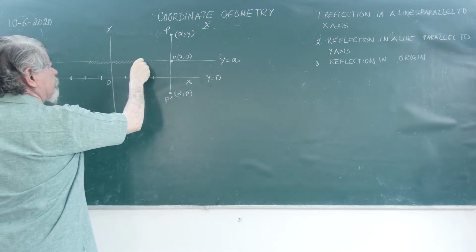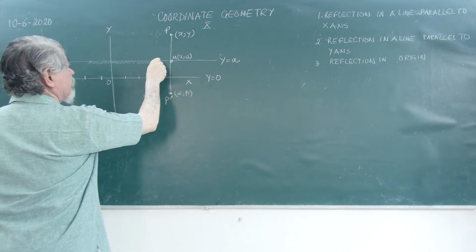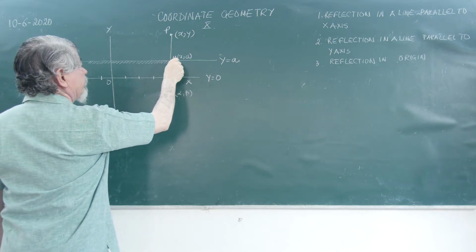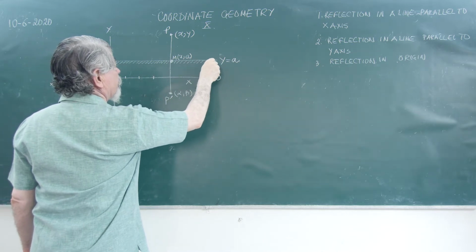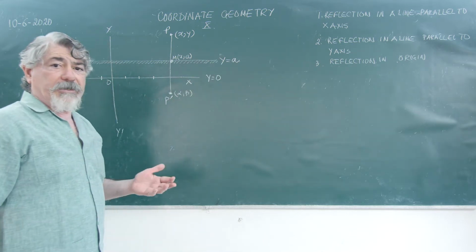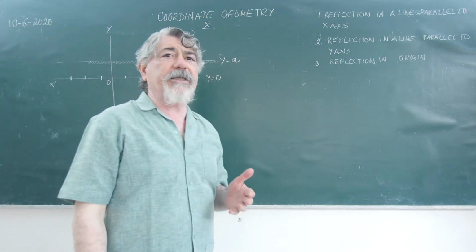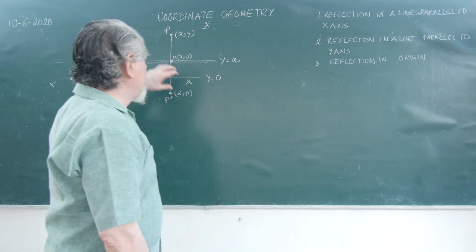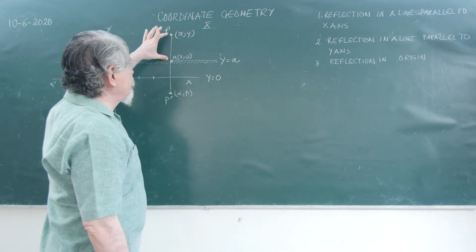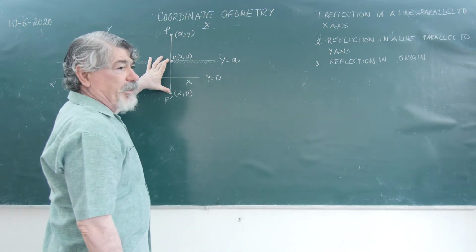And the property of the plane mirror is that the image is formed behind the mirror at the same distance as the object is in front of the mirror. That is the property which you have studied in physics in reflection in plane mirror. So PM should be equal to MP'.